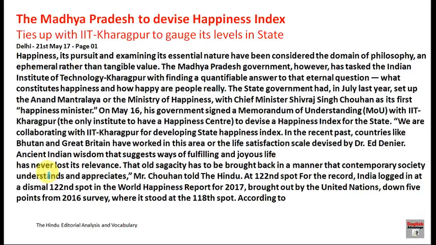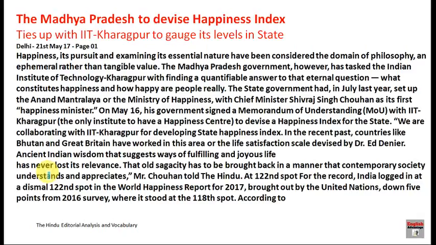Happiness, its pursuit and examination, its essential nature have been considered the domain of philosophy. Happiness, as an abstract noun, has been considered the domain of philosophy, and ephemeral rather than tangible value. Ephemeral means very temporary, or intangible, not tangible. Tangible is something that is very concrete, or very physical.